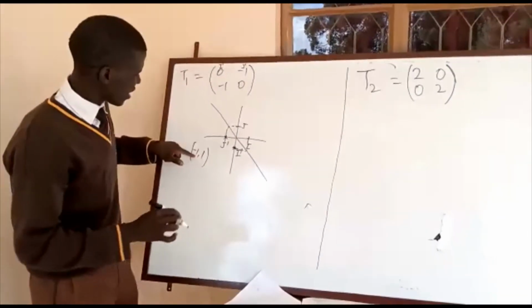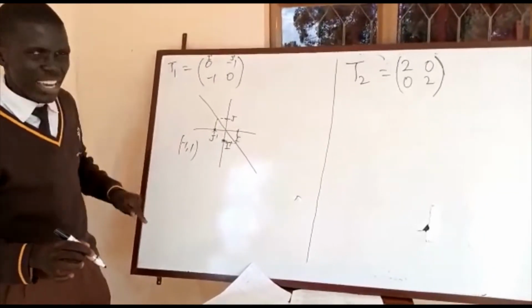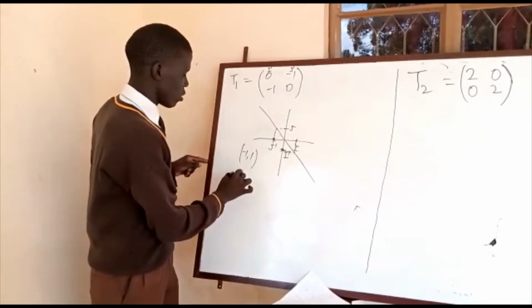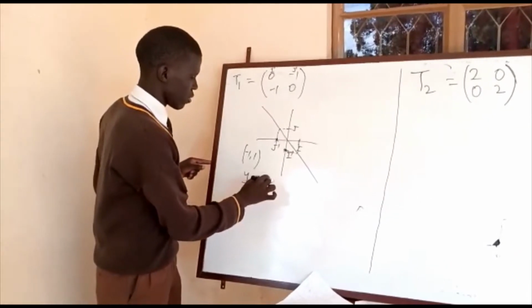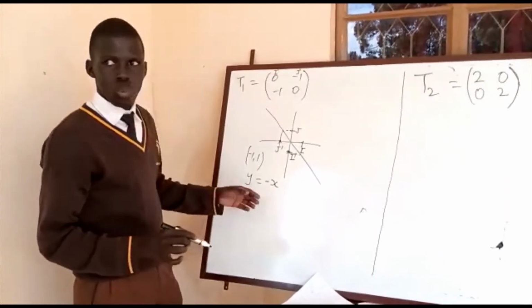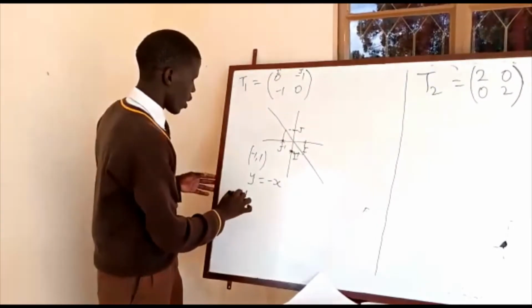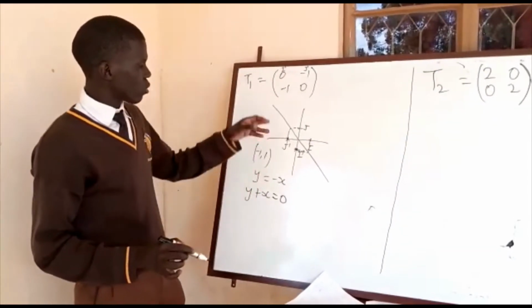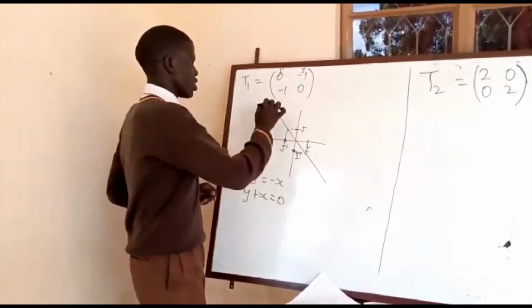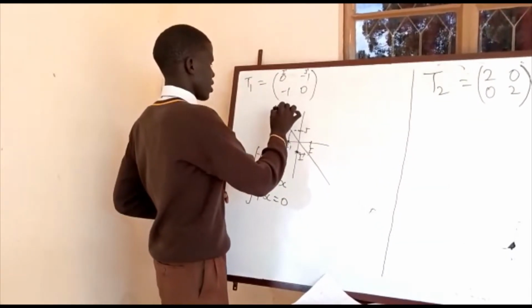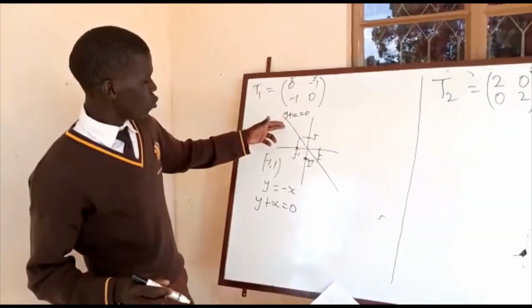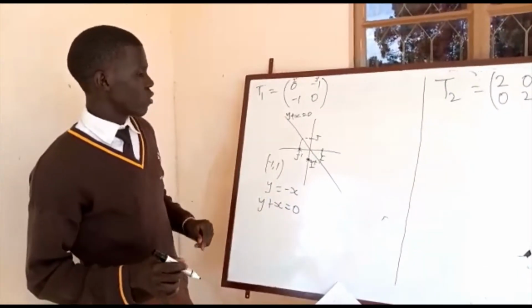We see that our x is negative and our y is positive. Therefore the line is y = -x. We can rearrange this and have y + x = 0. Therefore this is the equation of this line. So this line is y + x = 0, and we have now obtained our line of reflection.